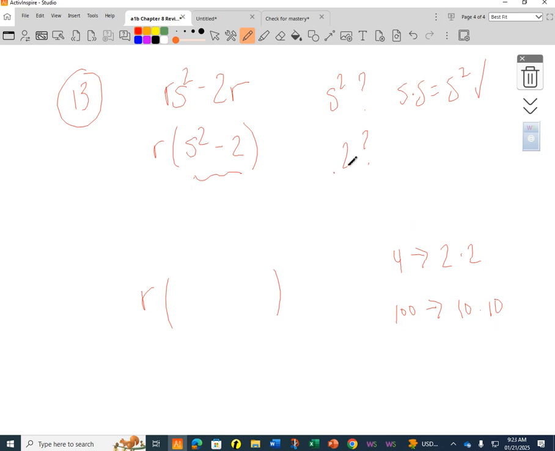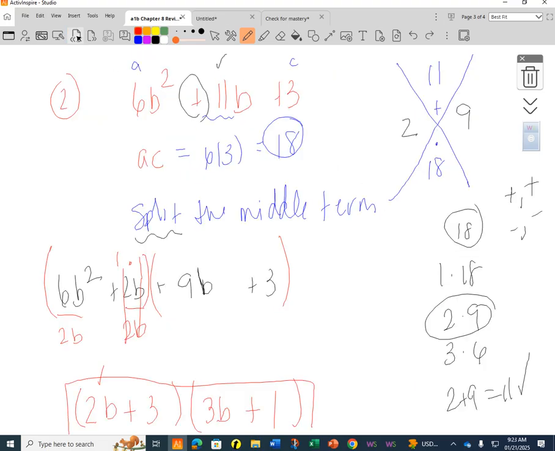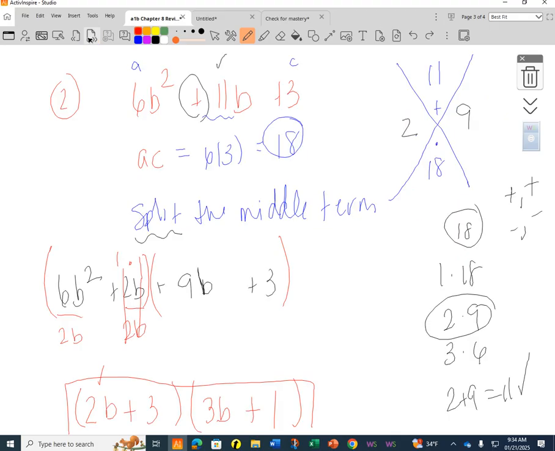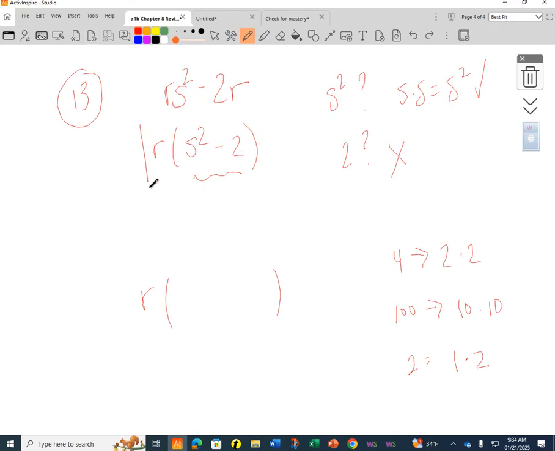Okay? 2, the only factors of 2 are 1 and 2. 2 doesn't have any identical factors, so 2 is not. So let's see what our notes say after that. If so, the difference of squares. If not, it can't be factored anymore. So our final answer is going to be this. That's all that can be factored out of that one, all right?